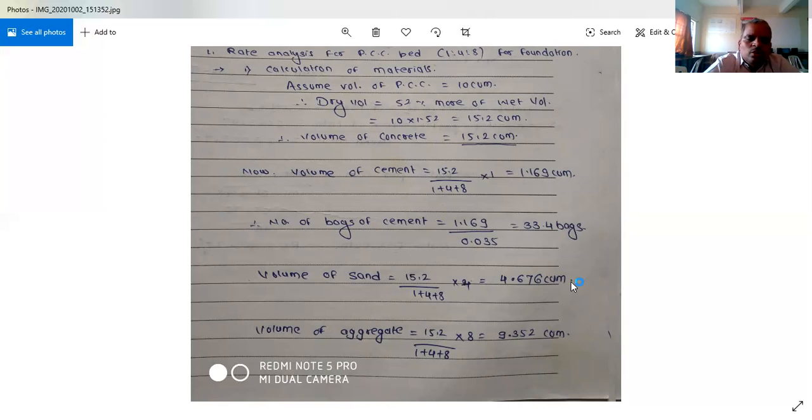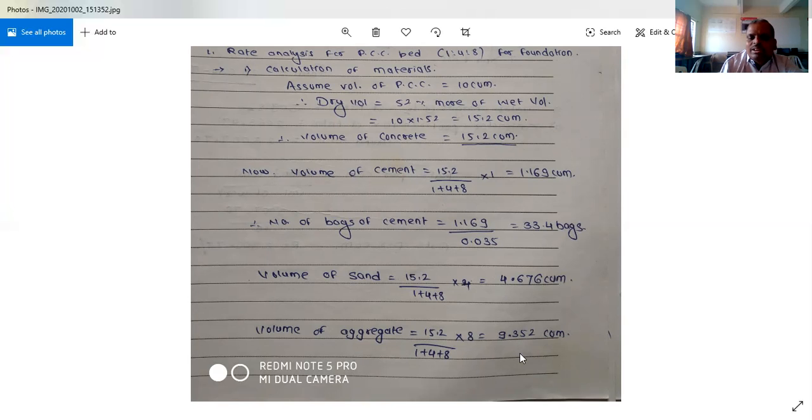In the same manner, the volume of sand is the total volume of concrete divided by the addition of proportion, that is 1 plus 4 plus 8, multiplied by 4. It will be 4.676 cubic meter. In the same way we have to calculate the volume of aggregate. It is again 15.2 divided by 1 plus 4 plus 8, into 8, that is the proportion of coarse aggregate.